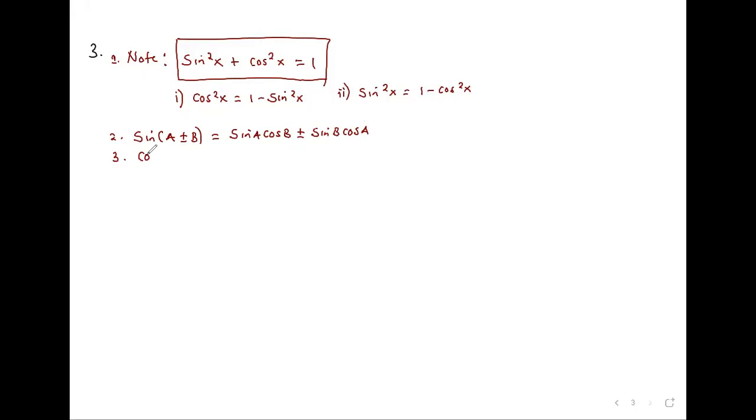If you have cos a plus or minus b, what you get is cos a cos b minus or plus sine a sine b. Notice the change of sign for cos. If it was plus, it would be minus. If it was minus, it would be plus. For sine, if it was plus, it would be plus. If it was minus, it would be minus.